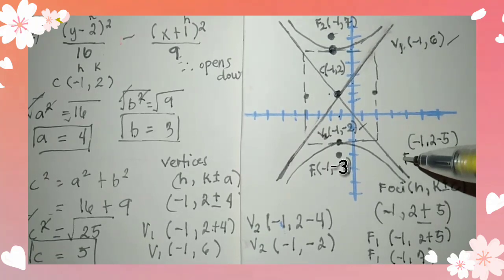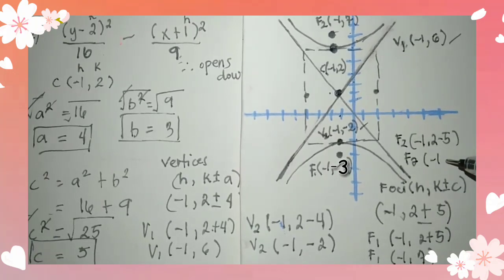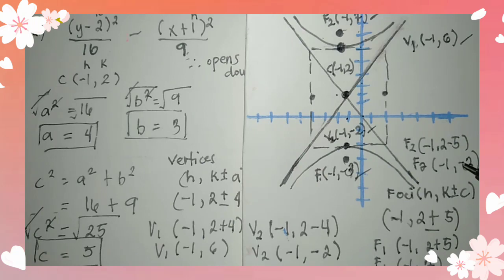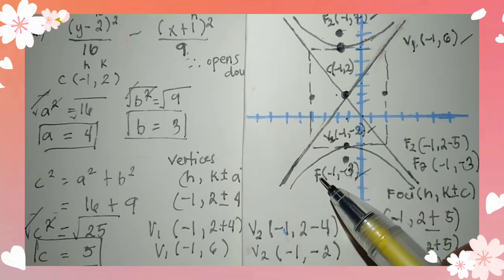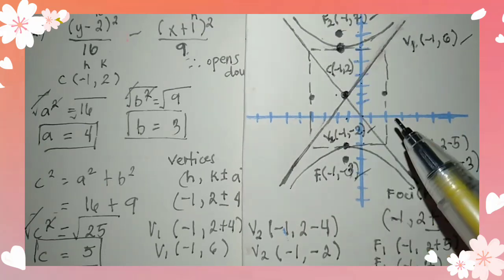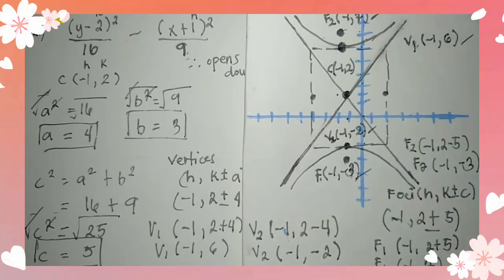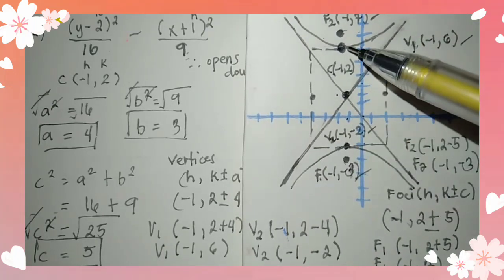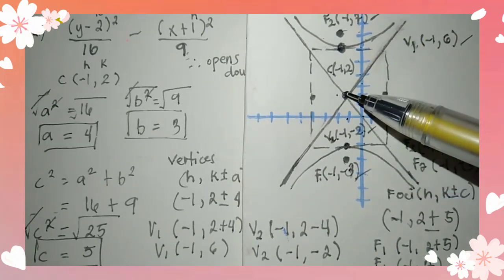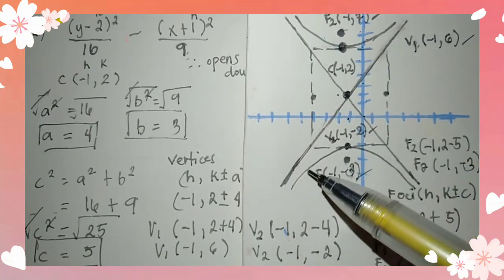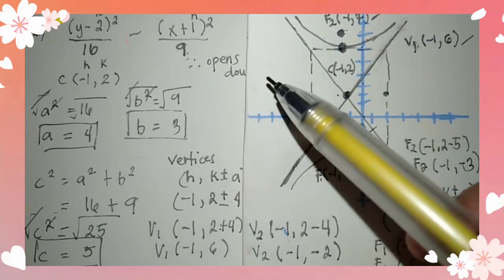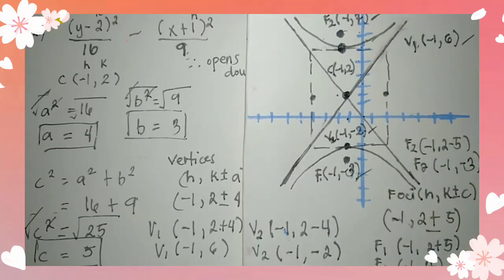So, ang ating focus 2 is at negative 1 and negative 3. So, nakasulat dito is focus 1. So, nandito yung focus 2. It doesn't matter kasi we have 2 foci and 2 vertices. Our center, the asymptotes, and the curve of our hyperbola, which is opens upward and downward.